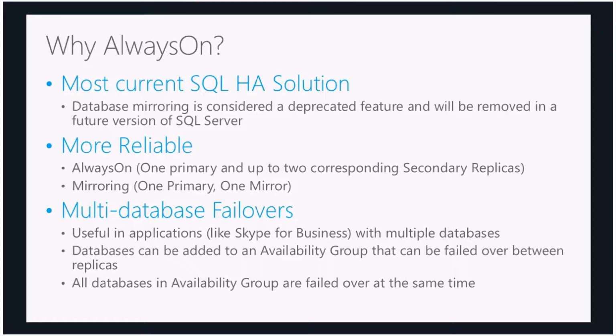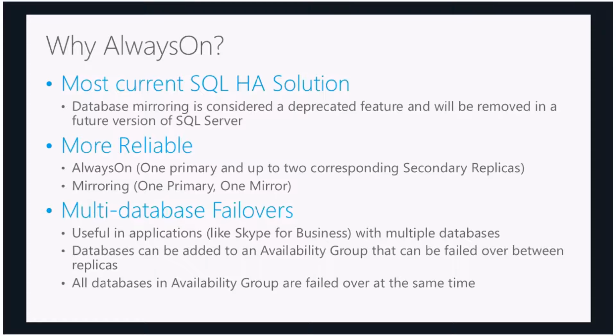We also use what we call synchronous commit mode. Synchronous commit mode means that any database write that takes place on the primary database also happens across all the other replicas at the same time. So in other words, there's no lag between the write action that is performed on the primary database and the write to the secondary replicas.